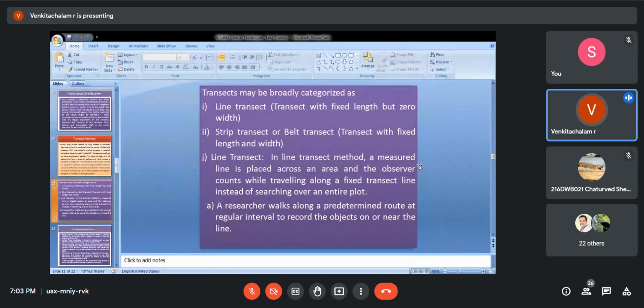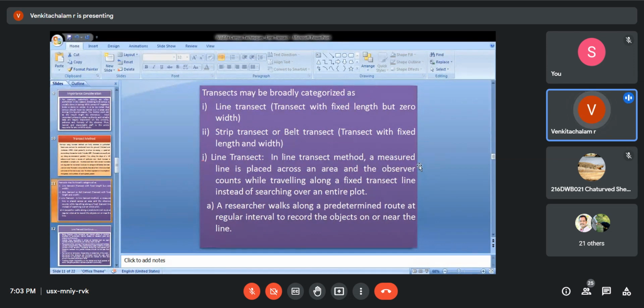And now we are going to see line transect. In this method, a measured line is placed across an area, and the observer counts while traveling along a fixed transect line instead of searching over the entire plot.